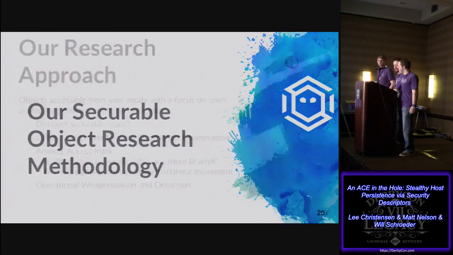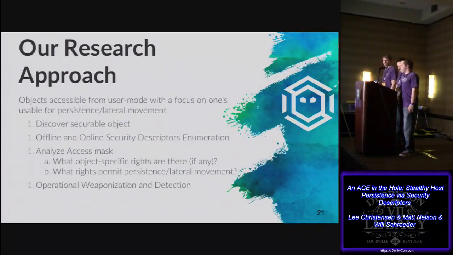So a little bit about the research methodology we took when examining all these host-based security descriptors. It was a 4-step approach. Our numbering got kind of screwed up there. In our research approach, we're focusing just on accessing objects from user mode, with the context that we want to use these for persistence or lateral movement.